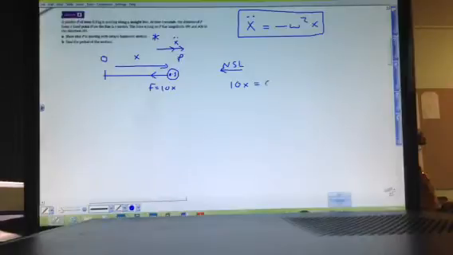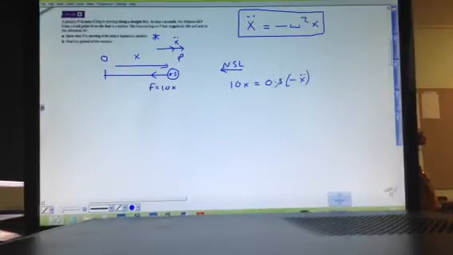Mass is 0.5 times acceleration, which is minus x double dot. So turn this around. I need to times through by minus 2 and end up with, therefore, x double dot is equal to minus 20x.